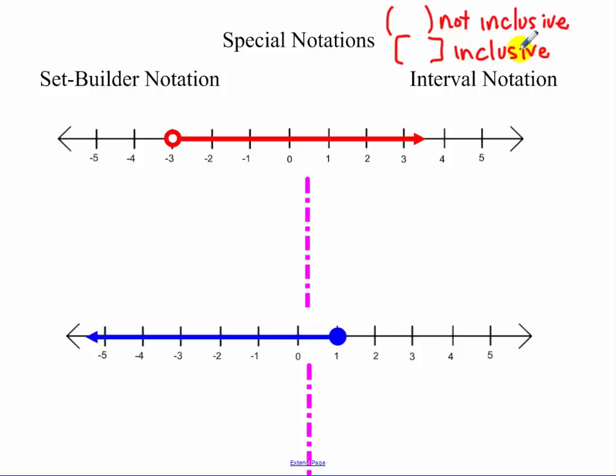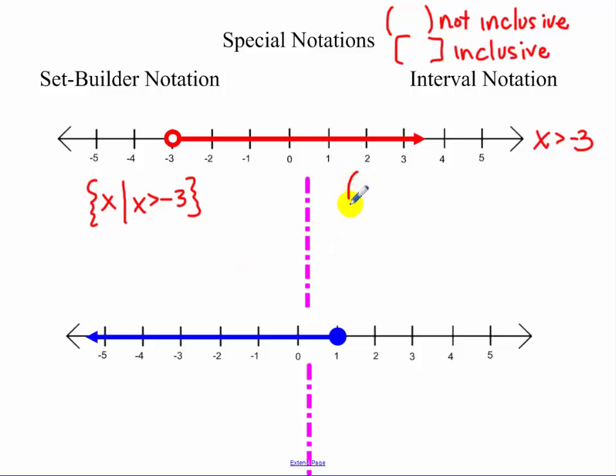When we have it in brackets like that, it means that I do include the endpoints. So looking at this inequality, x is greater than negative 3. As we already talked about in set builder notation, it's x such that x is greater than negative 3. Set builder is kind of easy because all you have to remember is these types of brackets. Now, in interval notation, you're giving me essentially the interval for x.